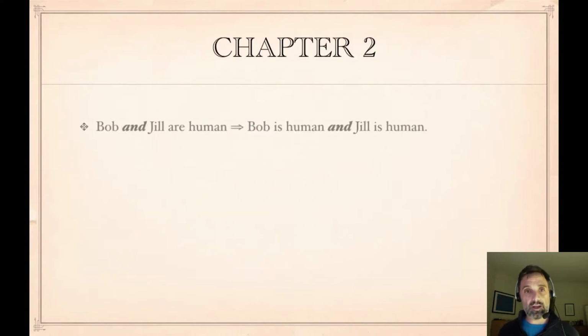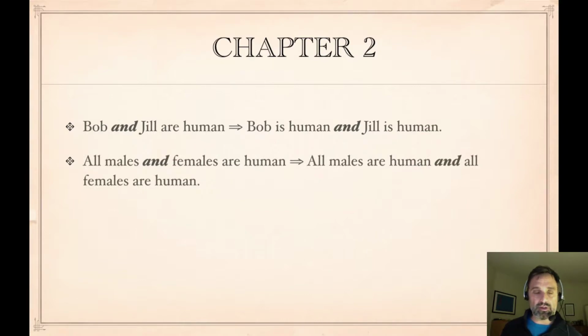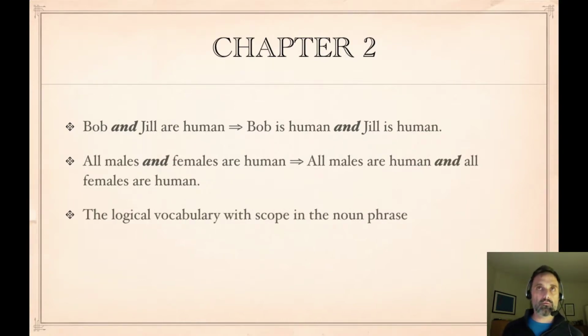It's just like in chapter 2, if we say Bob and Jill are human, we symbolize that as Bob is human and Jill is human. So there are two differences. One is that we're working with complex subjects, all males and all females, and the other is that we reinsert the all that was dropped out.